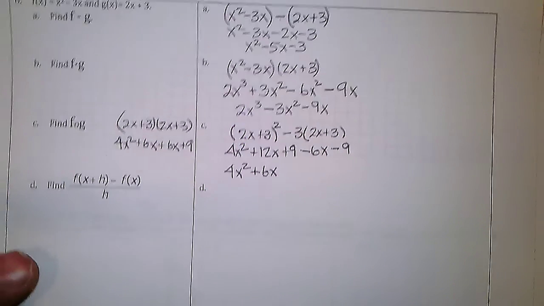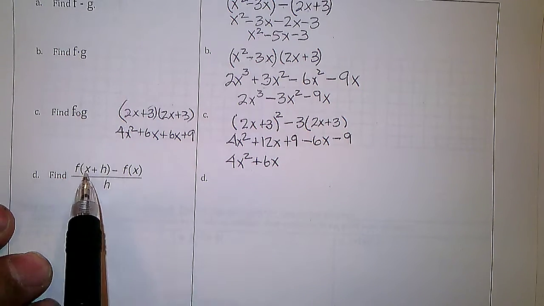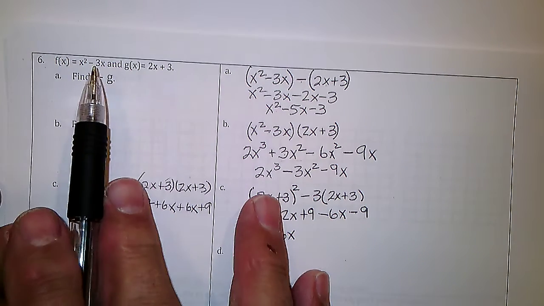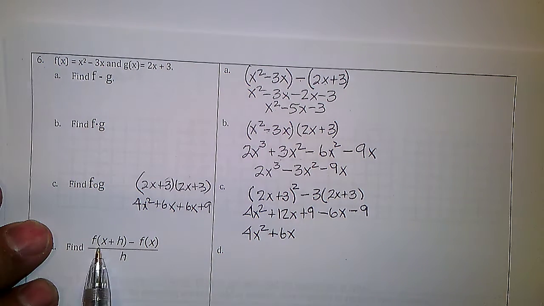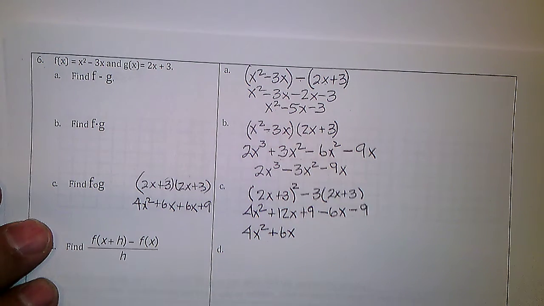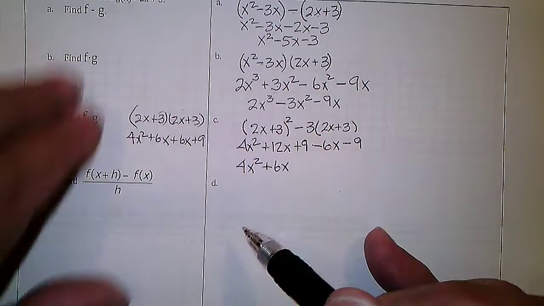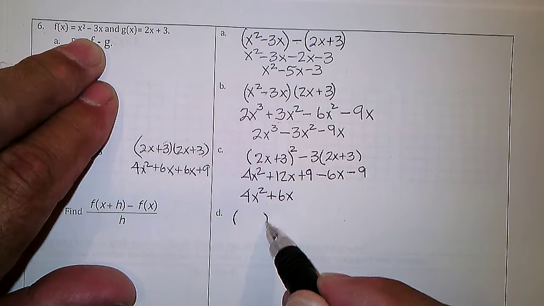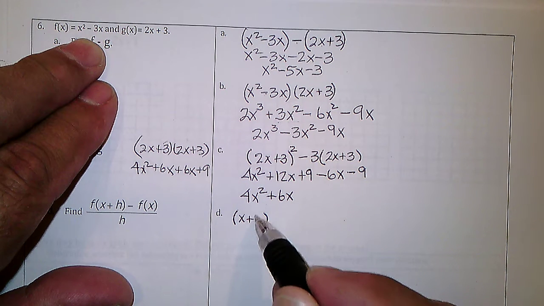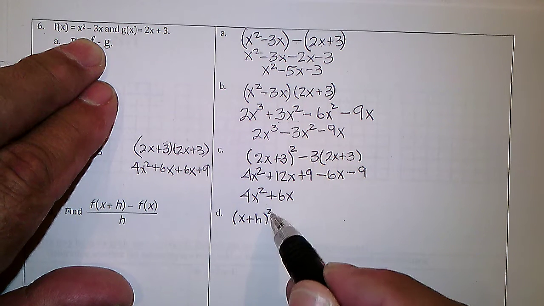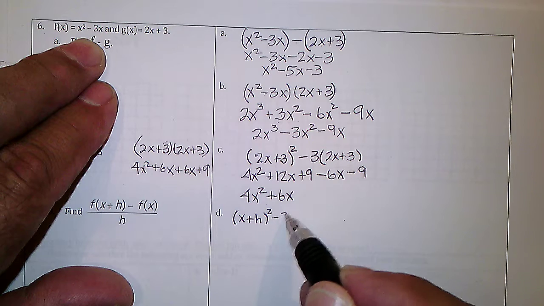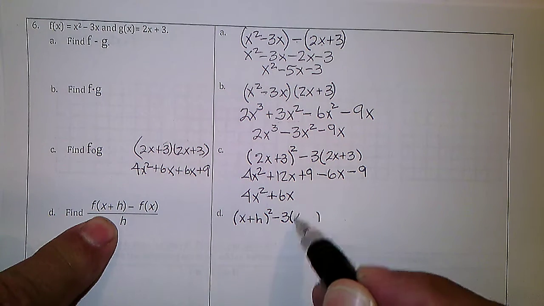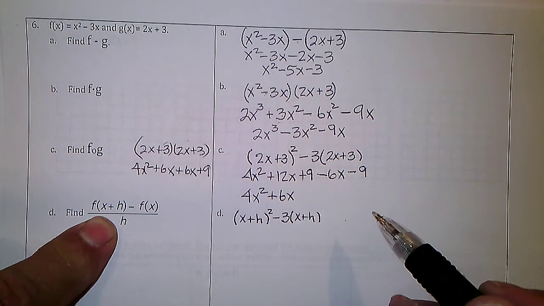All right. Now we have to take the x's in f of x up here and replace them with x plus h. So f says x, which we're putting x plus h, squared minus 3x, so I put parentheses and we're using x plus h.